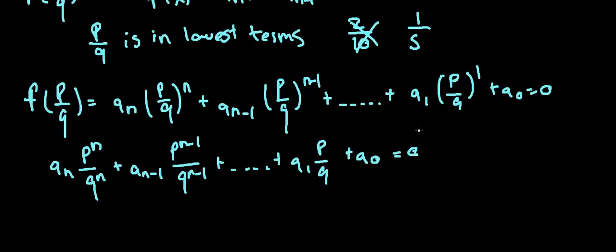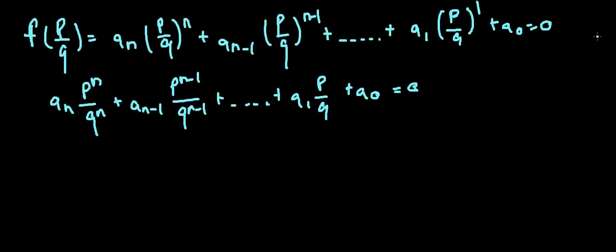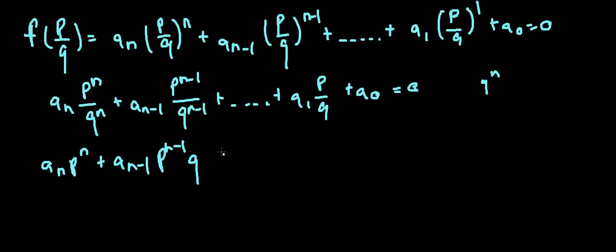Now the first thing we're going to do is multiply everything by q to the n in order to get rid of the fraction. If we multiply everything by q to the n, we're going to get a_n, not a to the n, just a_n. I always make that mistake. a_n p to the n plus a_(n-1) p to the n minus 1 times q.